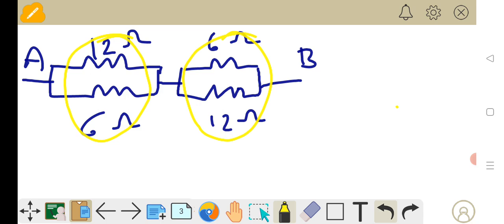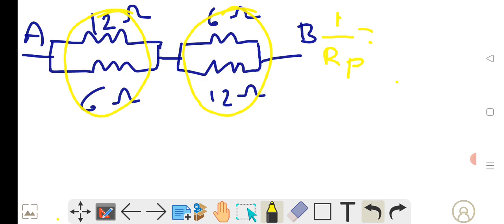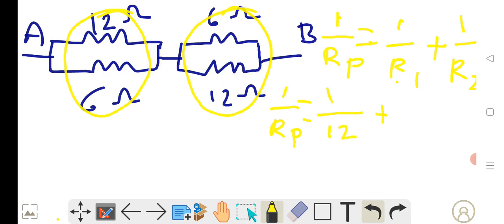Now as the values are same, I am just teaching you to find for one combination. 1 by Rp is equal to 1 by R1 plus 1 by R2. So 1 by Rp is equal to, substitute, 1 by 12 ohm plus 1 by 6 ohm. Even for the second combination, you will have 6 and 12 only.